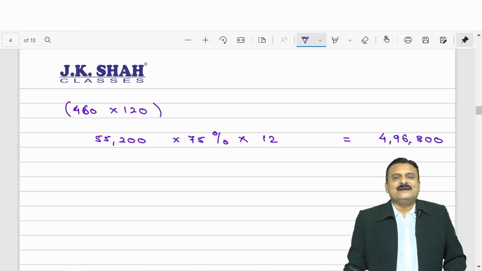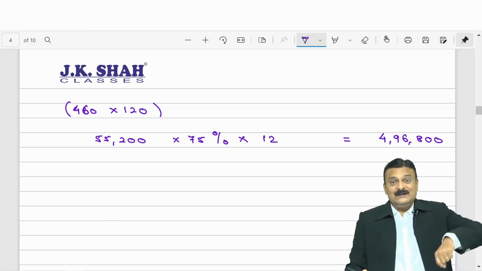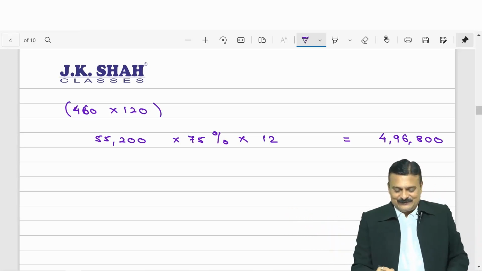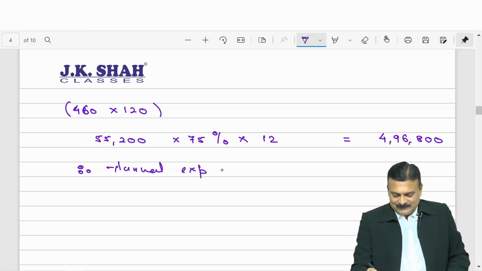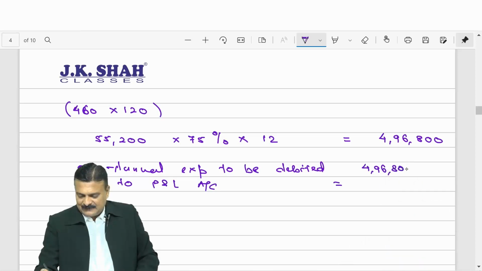This 496,800, the question says the vesting period is minimum 3 years. So 496,800 is to be spread over a period of 3 years. I can say therefore my annual expense to be debited to P&L account will be how much? 4,96,800 divided by 3.